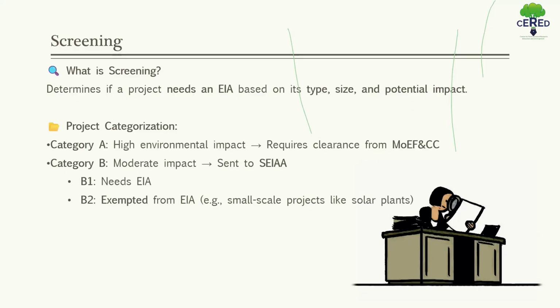In category B, there are two subcategories. If the project is category B1, then it needs EIA. And if the project is category B2, then it is exempted from EIA. That means no EIA is required for B2 category projects. Only an environmental management plan is compulsory for B2 category projects, like small-scale projects.